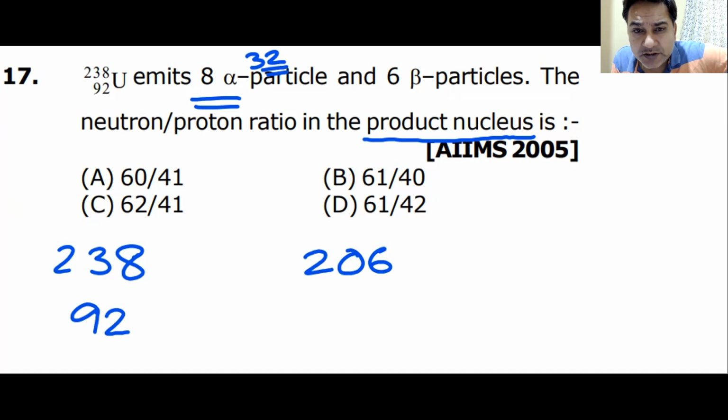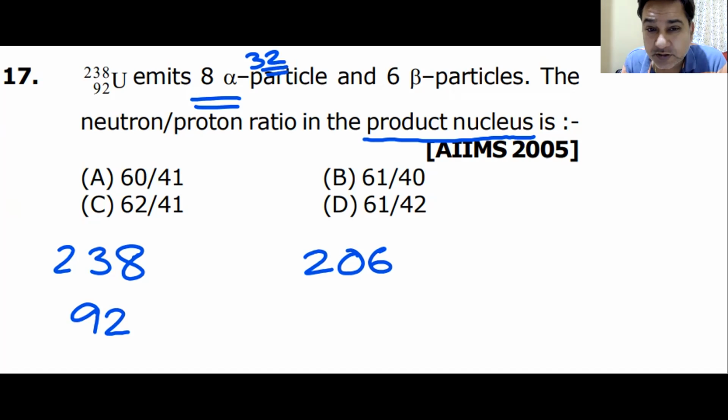What will happen to the atomic number? In an alpha decay, mass number goes down by 4. What happens to the atomic number? Increases or decreases? It decreases.